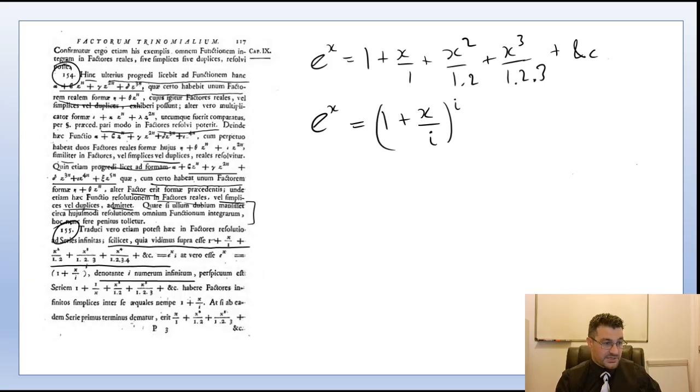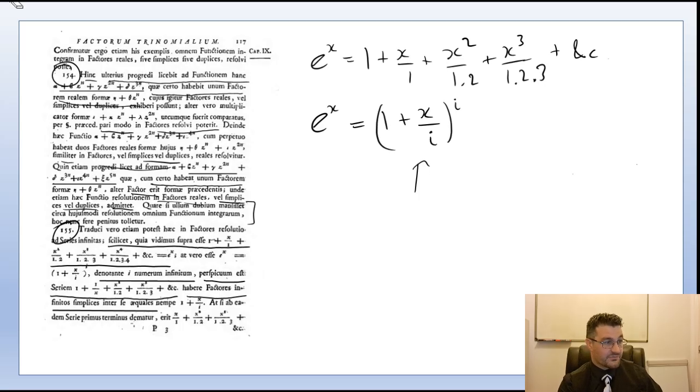Okay, so on with the show. So what he says here is, it is clear that the series 1 plus x squared over blah, blah, blah, has an infinite number of simple factors which are equal to each other, namely 1 plus x over I. Okay, so there's an infinite number of factors of this.